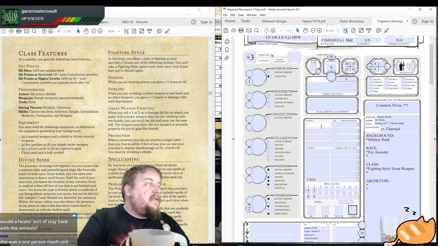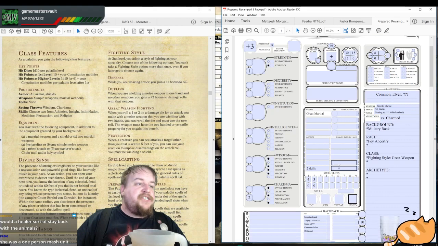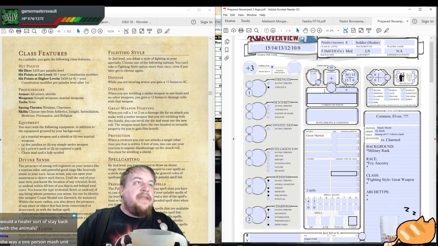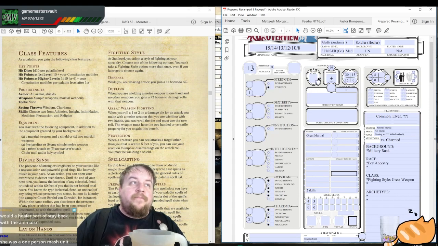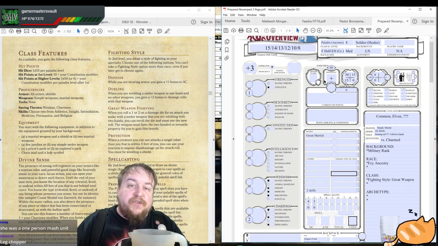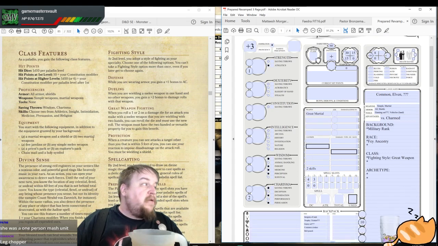So if we do that, then we'll go Great Weapon Fighting. We will give her a shield. Now, something to consider, if she's not wielding the shield, however you want to look at it, a shield provides +2 AC. So if she's wearing chain armor, which she is going to be receiving, that starts at AC 16.